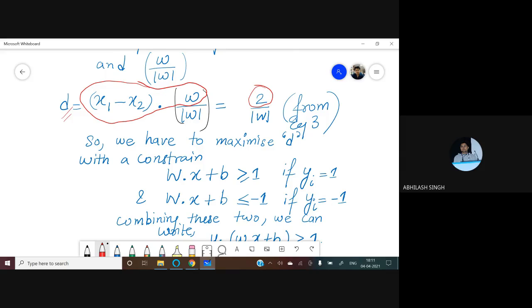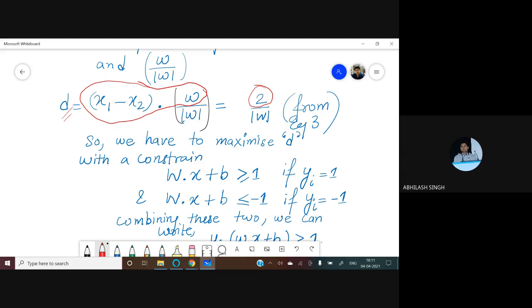We don't have to forget this constraint, because there are two constraints on the two decision boundaries: w dot x plus b should be greater than 1 if the sample is from the positive side, and w dot x plus b is less than -1 if the sample is from the negative or the other class.